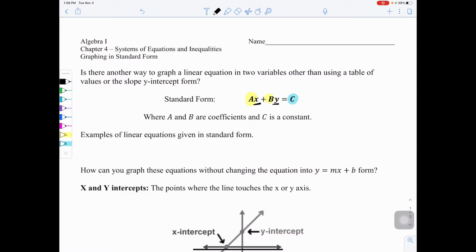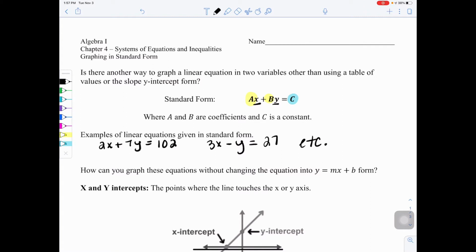So examples of linear equations given in standard form might be something like 2x plus 7y equals 102, or 3x minus y equals 27, okay? And I could come up with more and more examples. But you're going to notice the variables are together on the same side with the constant C on the other side.